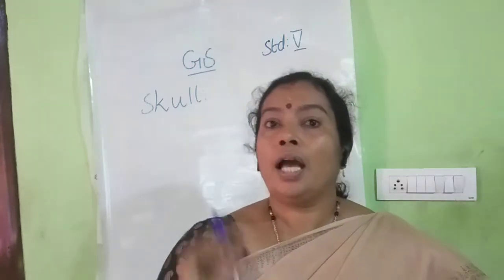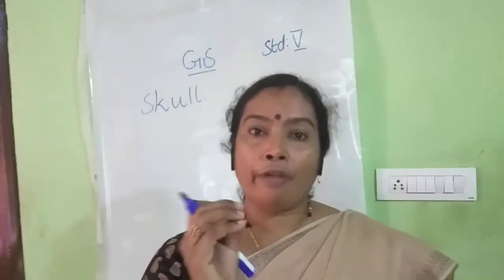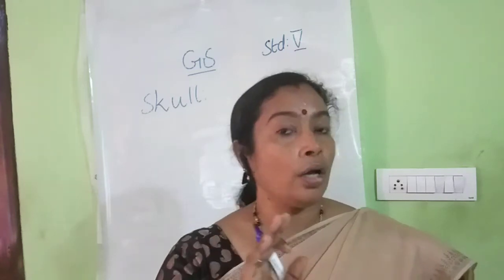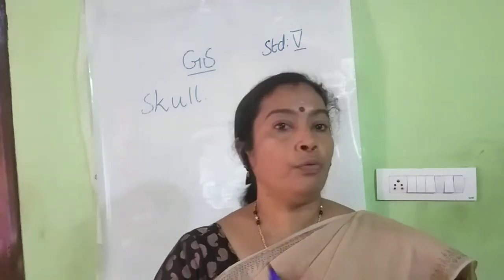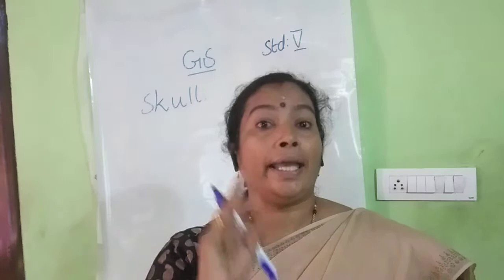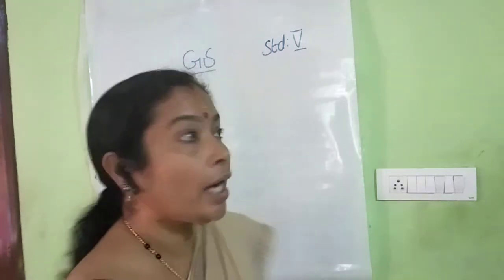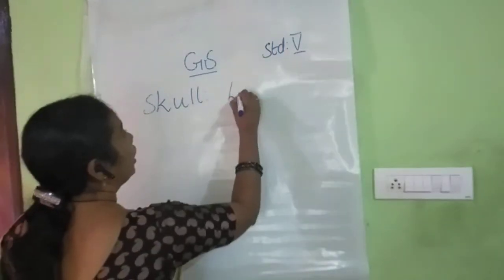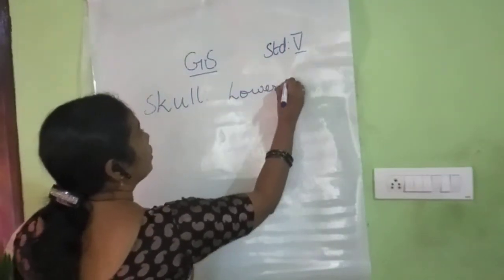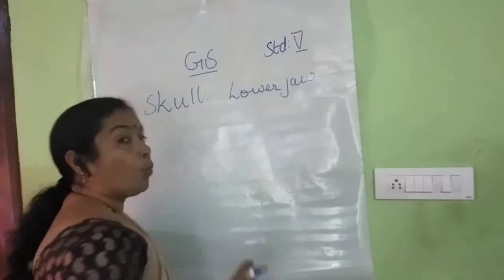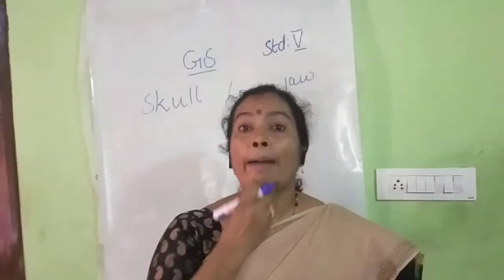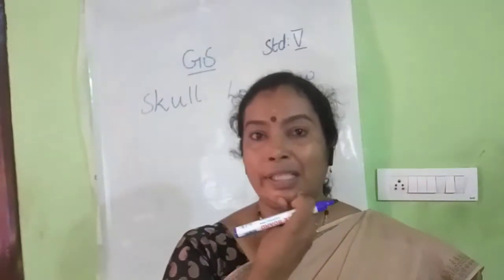But of those bones, they are not movable. They won't move except one bone, that is our lower jaw. The lower jaw moves up and down and sideways.